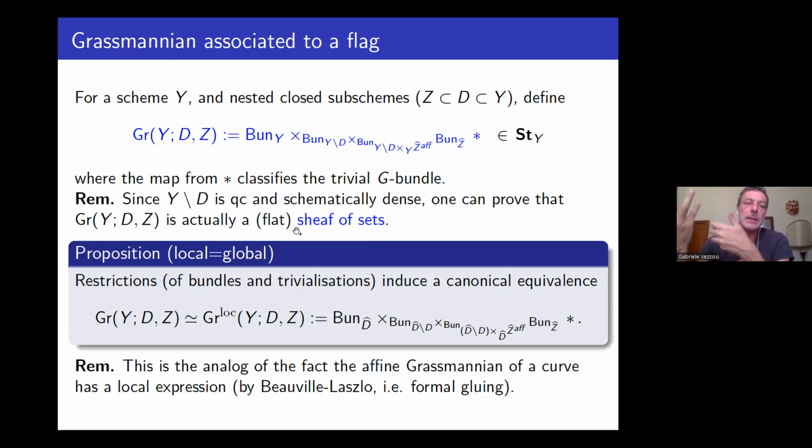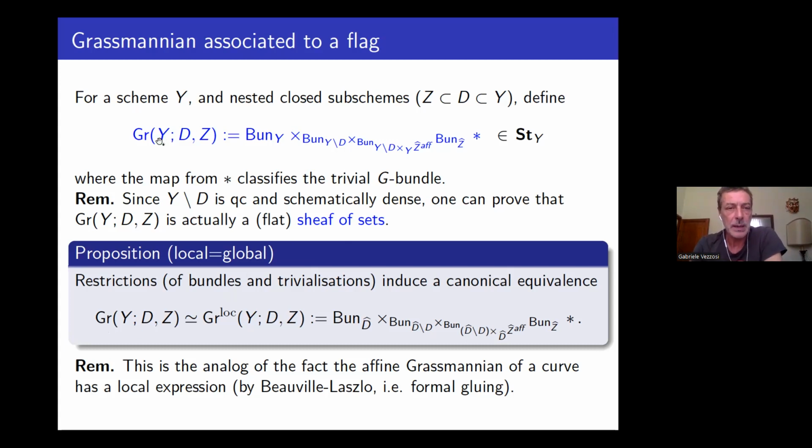I didn't mention this at the beginning, but even the Beilinson-Drinfeld Grassmannian has a local version and a global version, and these two versions are isomorphic. Even in our case this is true, so it's stated there.